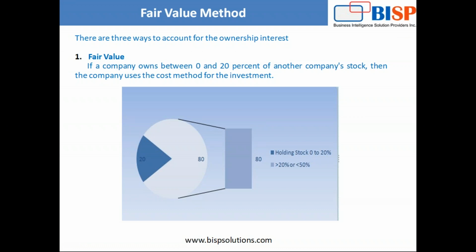This is also called the fair market value method. In this example, you own 20% and 80% is owned by others. We'll check in detail with an example.